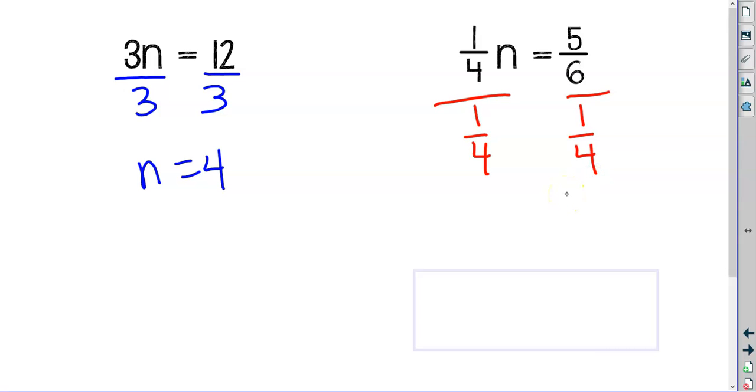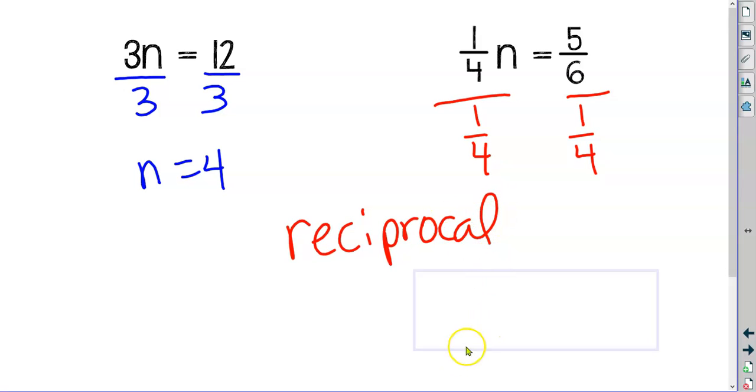Now, although a calculator can compute this, this doesn't truly show your understanding of division of fractions. When you divide fractions, you technically multiply by the reciprocal. The reciprocal is when you flip the numerator and denominator.